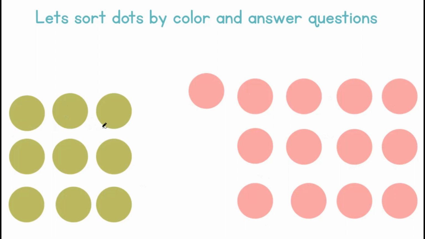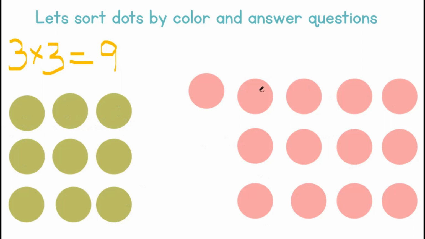Let's count how many green dots there are. If we have 1 row of 3 going across and 1 row of 3 going down, that means we can say we have 3 times 3 green dots, which will give us 9. Now let's look at pink.